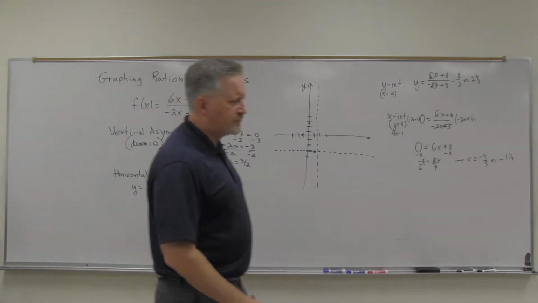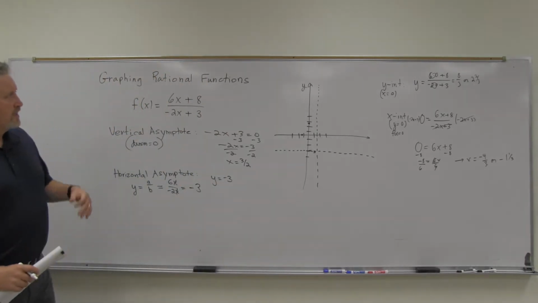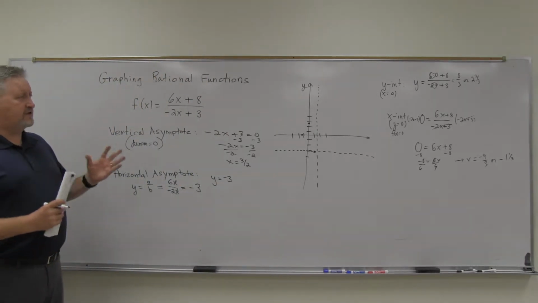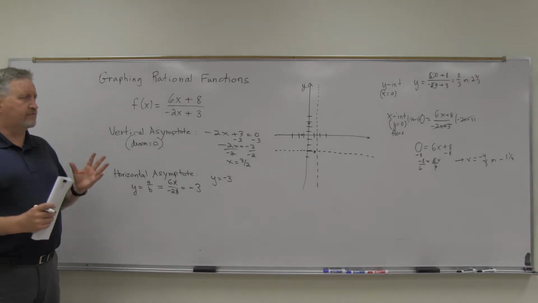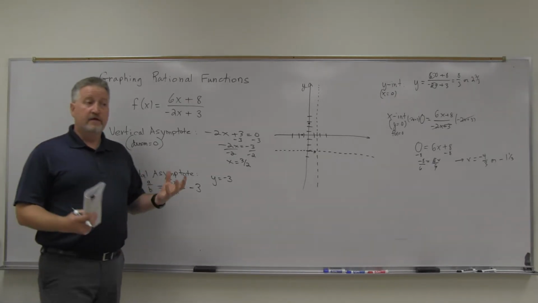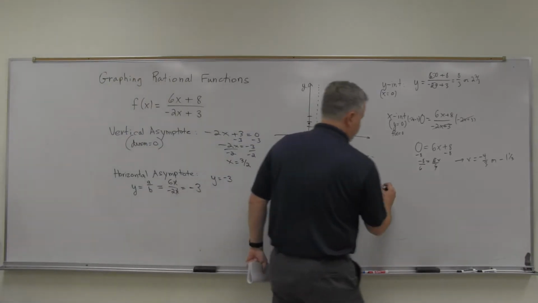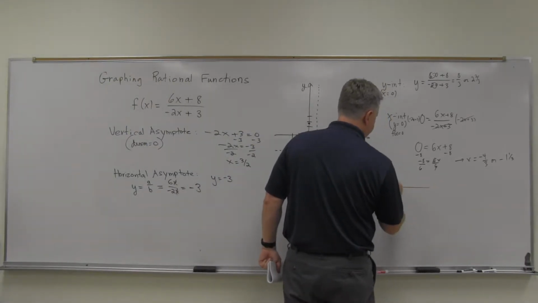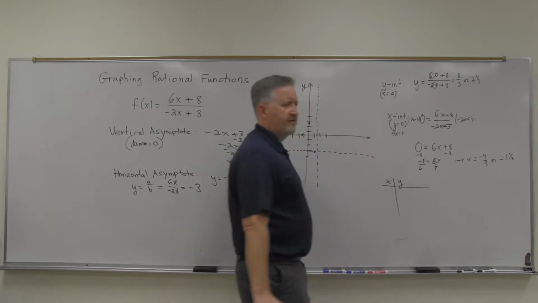So here's what I suggest. We kind of need to know what is happening around the vertical asymptote. We looked at one last time, but let's get a few details more about what's happening around that vertical asymptote.